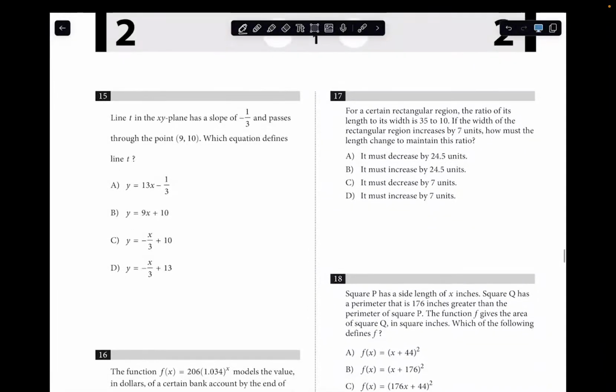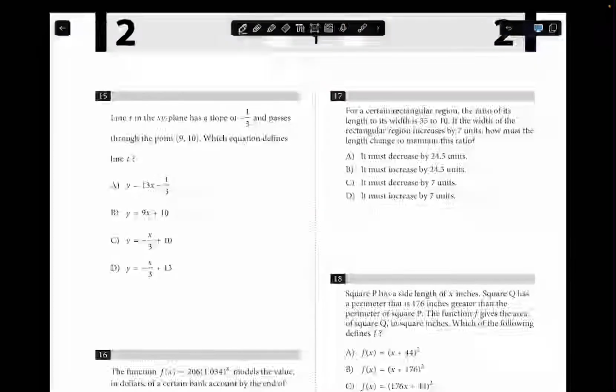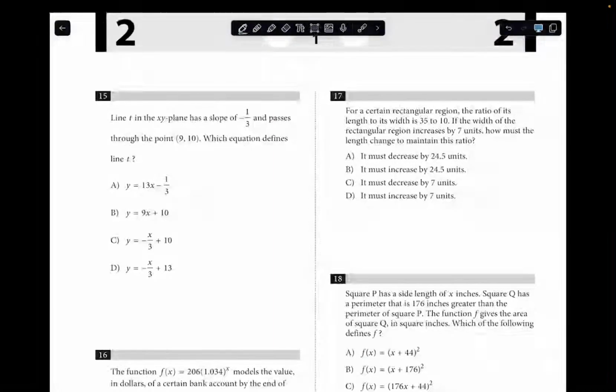Line T in the xy plane has a slope of -1/3 and passes through the point 9, 10. Which equation defines the line T? So obviously A and B are out because the x value for the slope is incorrect.